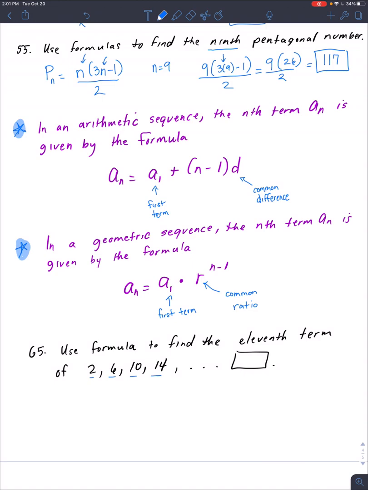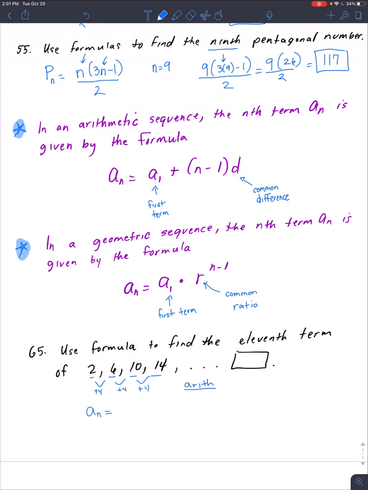Looks like they're adding 4 every time, right? Add 4, add 4, add 4, so that is good, an arithmetic sequence. So I'm going to make a note. Arithmetic.